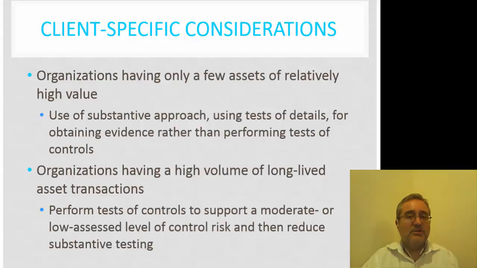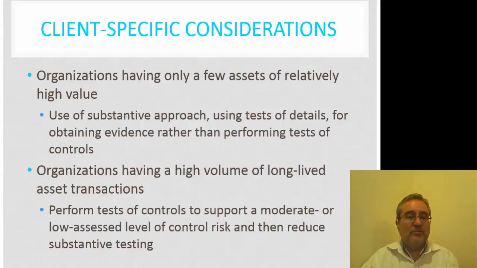If the organization has a high volume of long-lived asset transactions, as an example, I worked for an organization that had well over 10,000 separate pieces of equipment. Well, this is a lot of equipment and has unique situations from a control perspective.